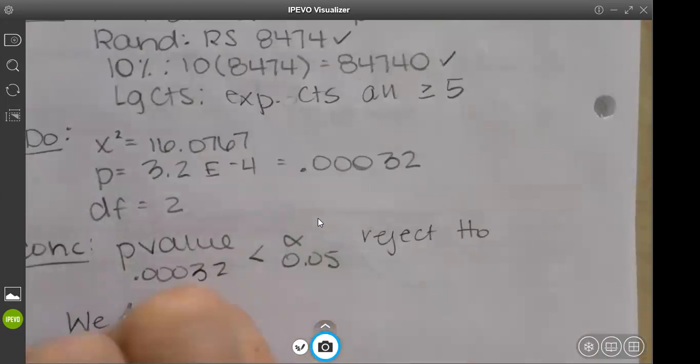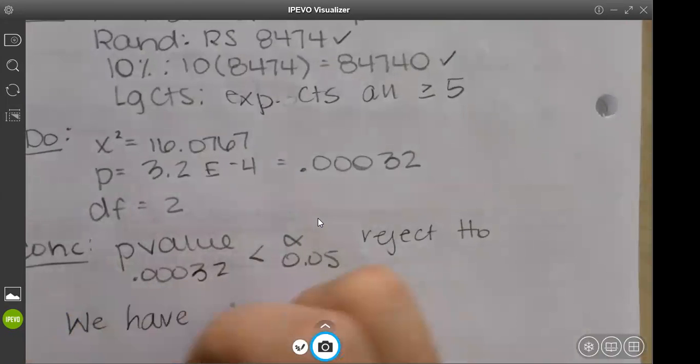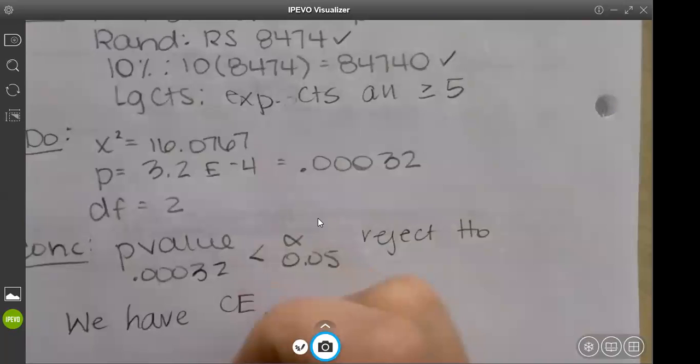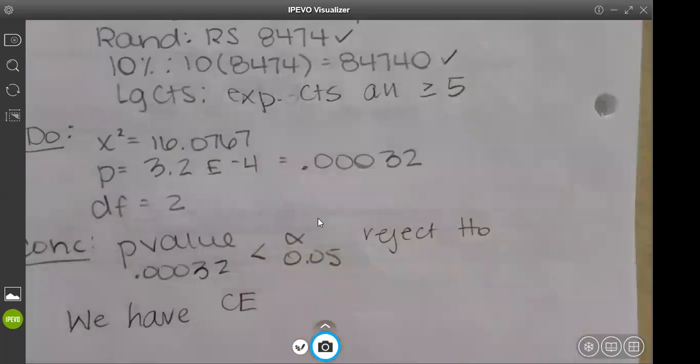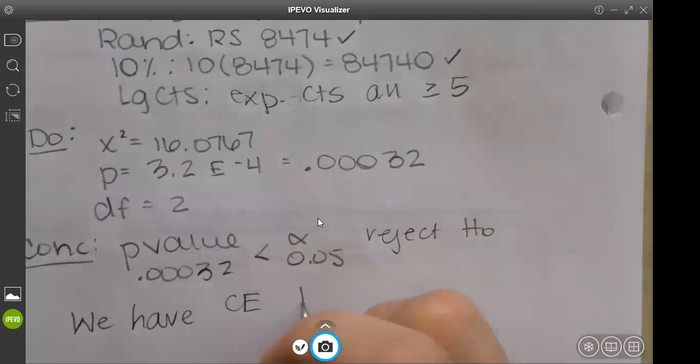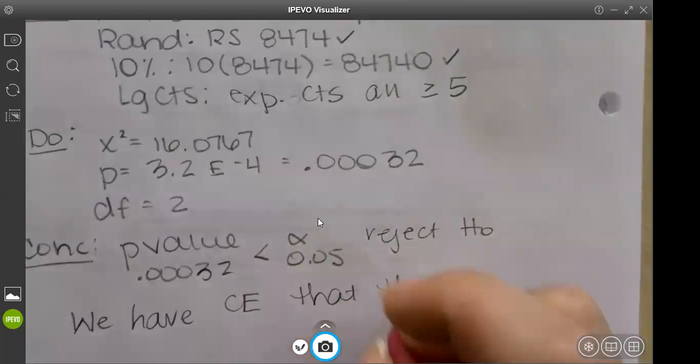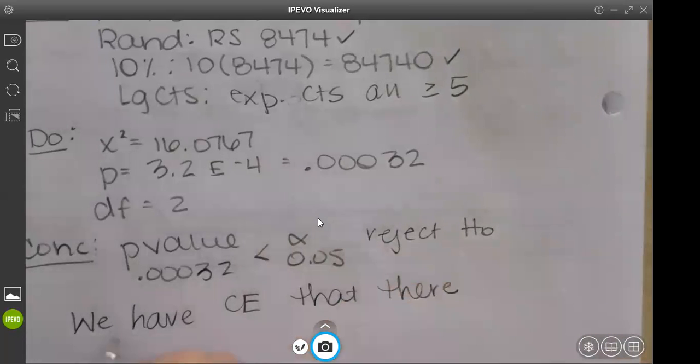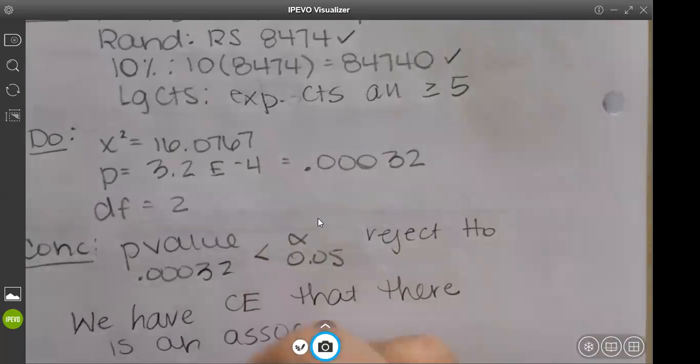So we have what? That there is an association between what?